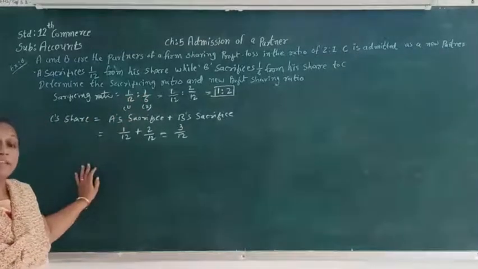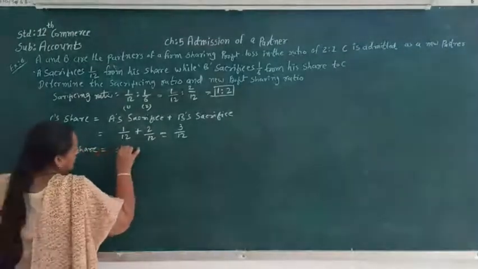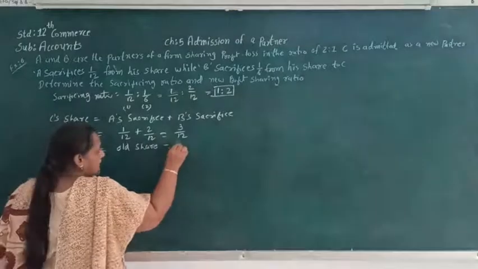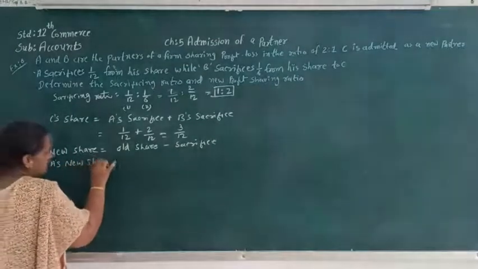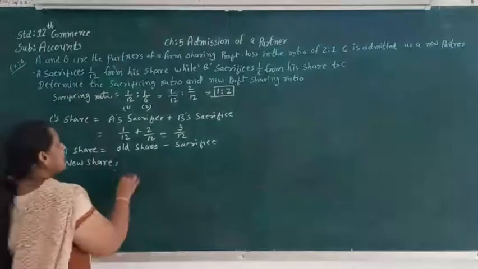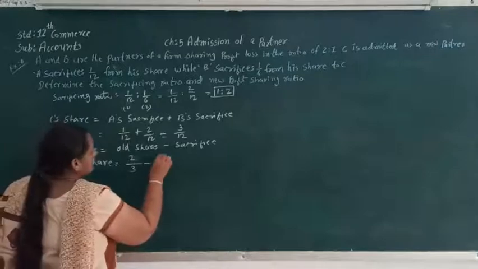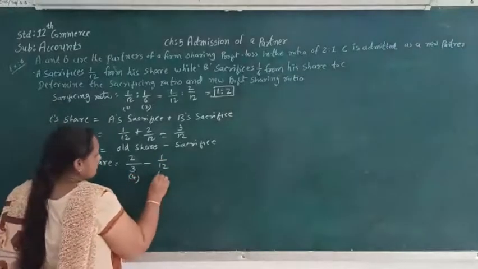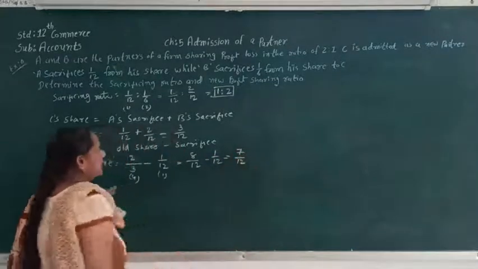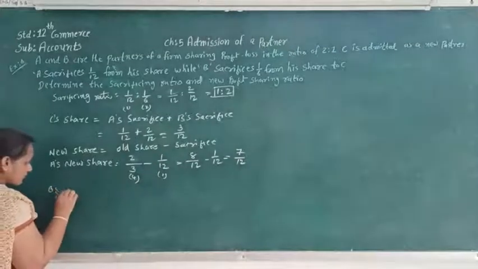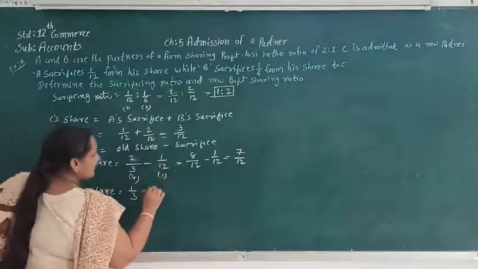So from that formula, new share is equal to old share minus sacrifice. B's new share is 1 by 3 minus 2 by 12.